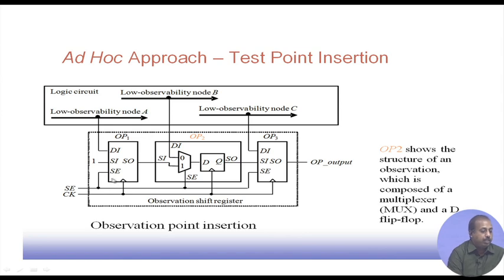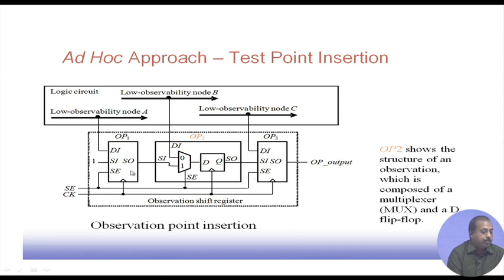If you look into one particular cell, say the OP2 cell, it has one input from this low observability node B, and another input coming from the OP1 cell. Then it goes to the D flip-flop through this multiplexer, and from this D flip-flop it goes to the scan out point, or serial out point, or shift out point, and that goes to the shift input of OP3.